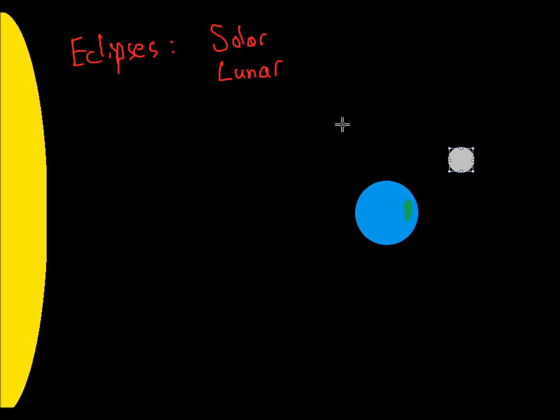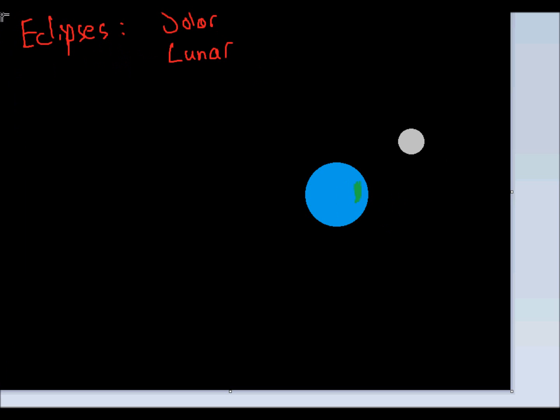Now the important thing to note here is that the sun is constantly shining light on Earth, and it shines a lot of light on Earth, and it's huge compared to the Earth. And I want this line to be yellow, so I'm going to do that again with a yellow line.